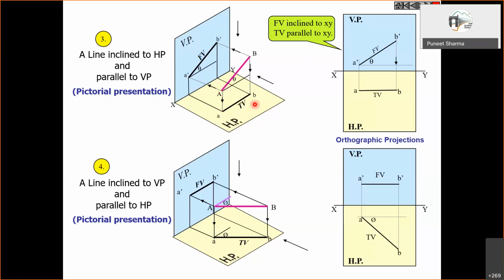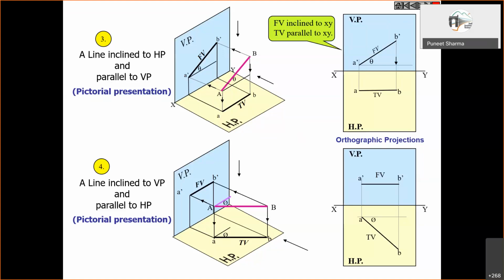However, if we move B with this condition, keeping A at its location, then in the top view what will happen? Small b will move along a circular arc about the center at small a, right? So this is what we'll actually be having. So here we observe two things.